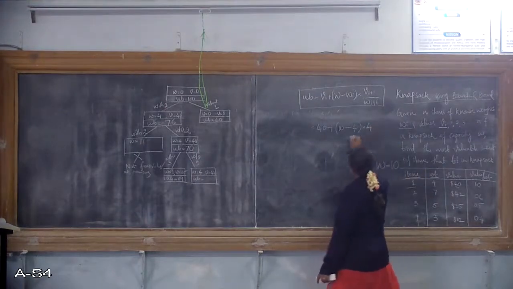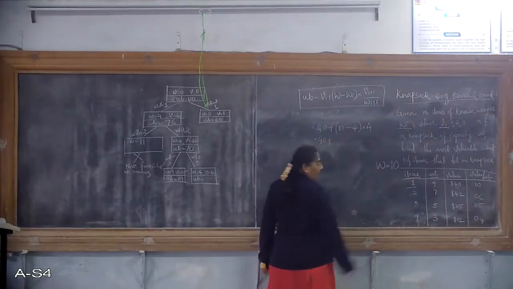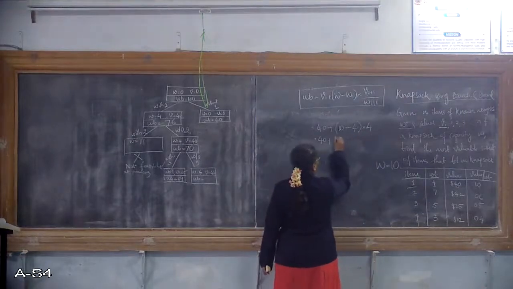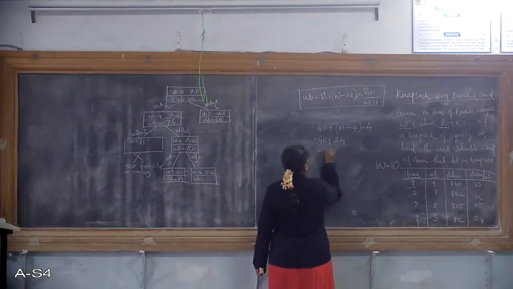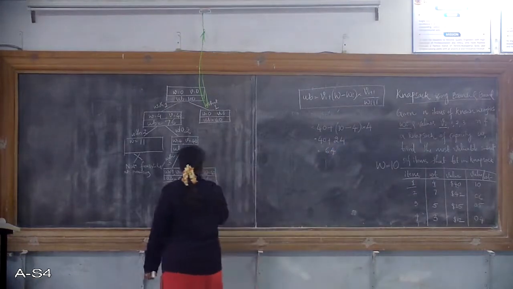So it is 4. This is equal to 40 plus 10 minus 4 is 6, and 6 4s are 24. 24, and the value is 64 here. Upper bound value is 64.